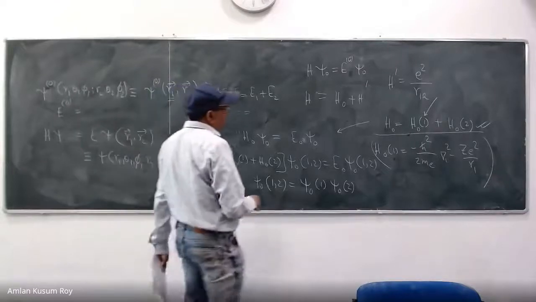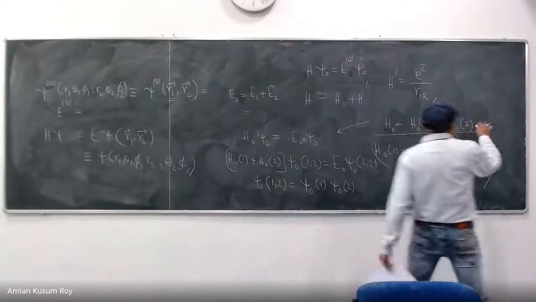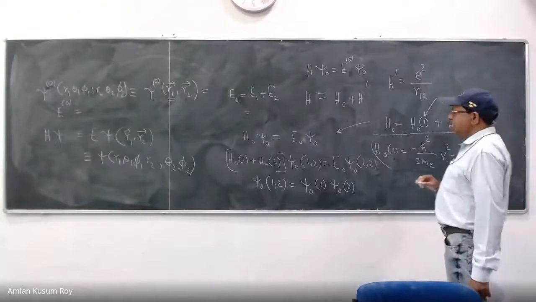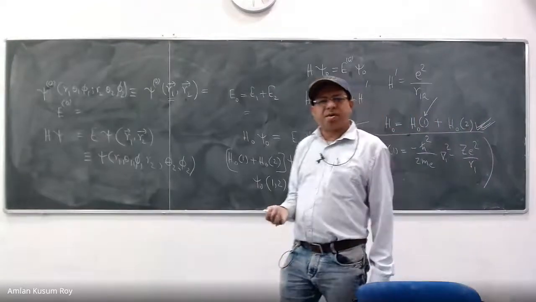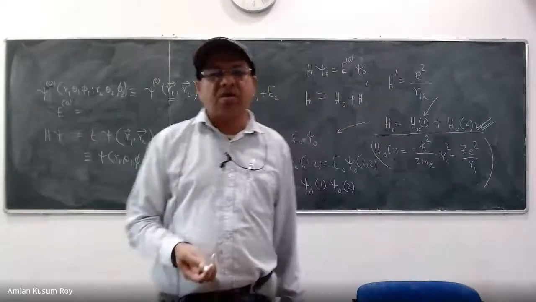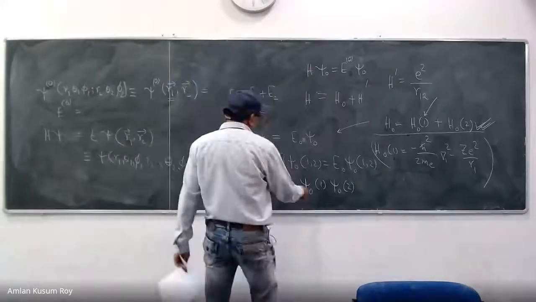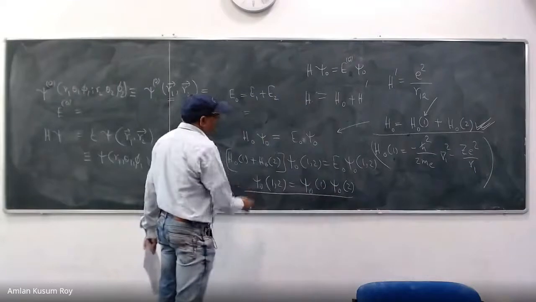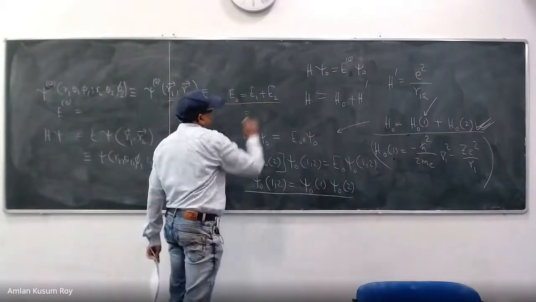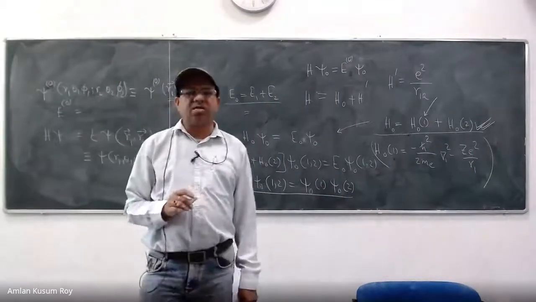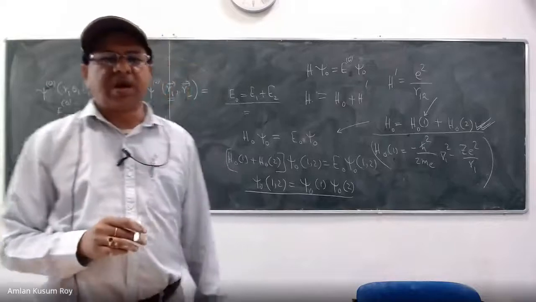If your Hamiltonian can be written as a sum of two Hamiltonians, that means it is like an independent particle. Two electrons are not interacting with each other, right? Then your wave function can be written as a product and energy can be written as a sum. These are the only things that I wanted you to understand, right?